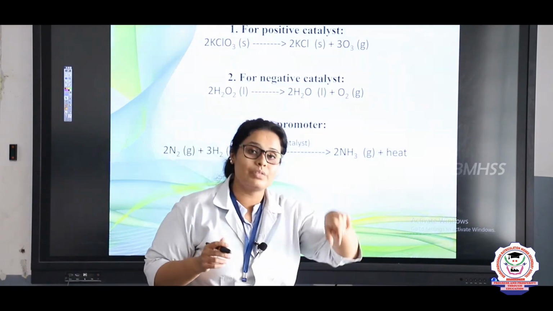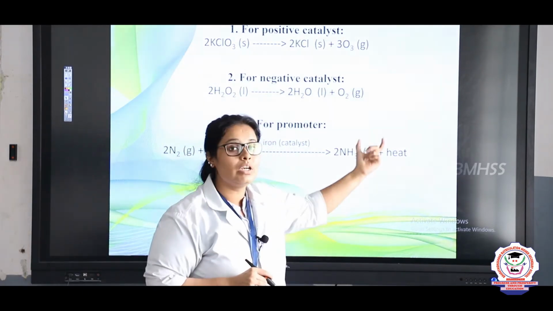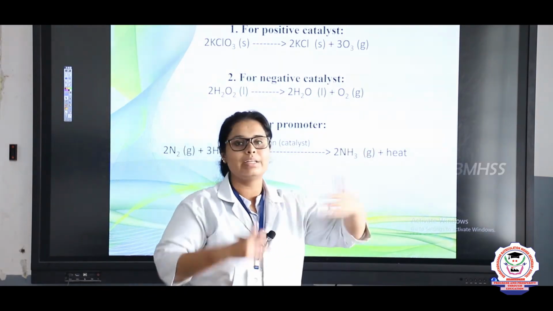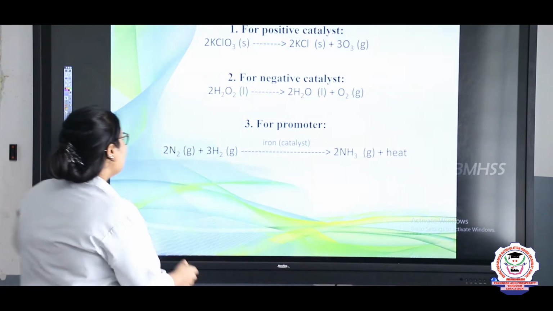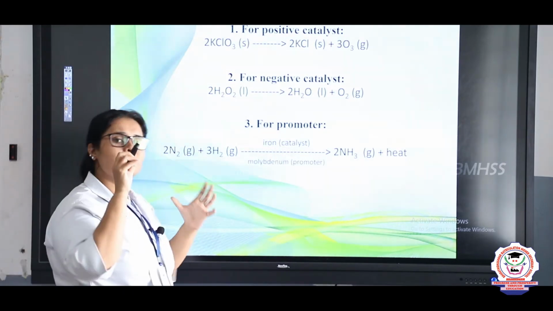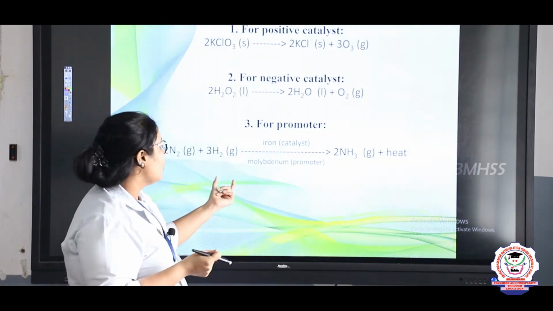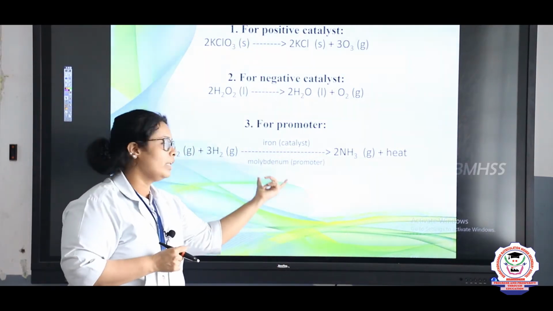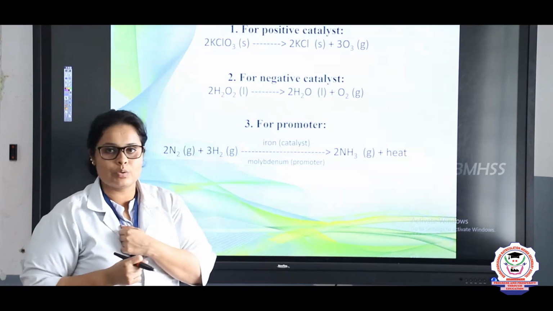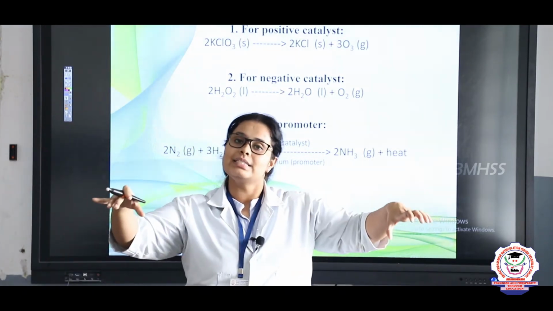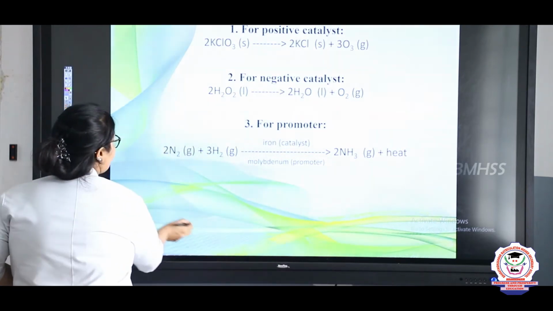Due to the presence of this iron, you will get ammonia, and heat will be liberated. Here the reaction will be fast, but you need it even faster, so you need to promote it. The promoter you are using here is molybdenum. Molybdenum is an element present in the center of the periodic table, in the D block elements.